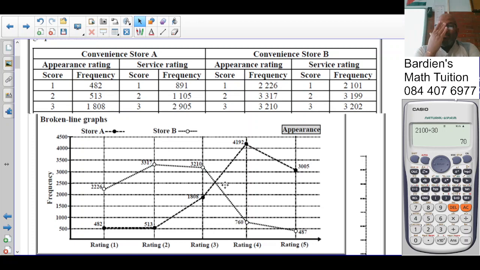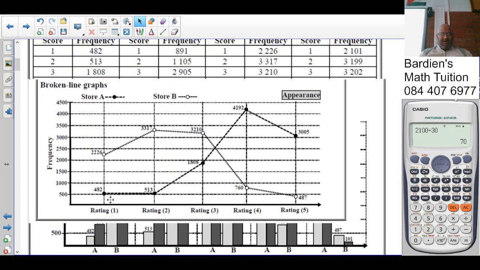Can you see? There's no values in between. Like here, the rating is either 1 or 2. It can't be a 2.5. You guys understand? So that is why they use a broken line graph. Whereas continuous data is measured, when we're working out the weights of everybody in the class, or the heights of people, it is measured.